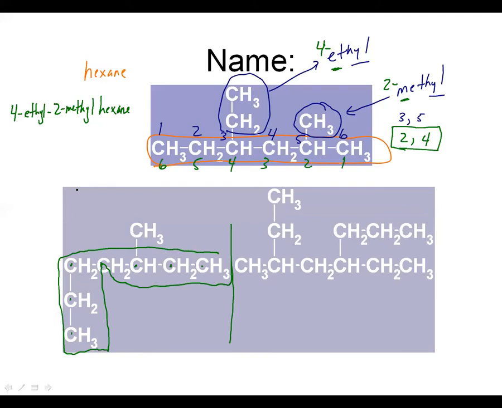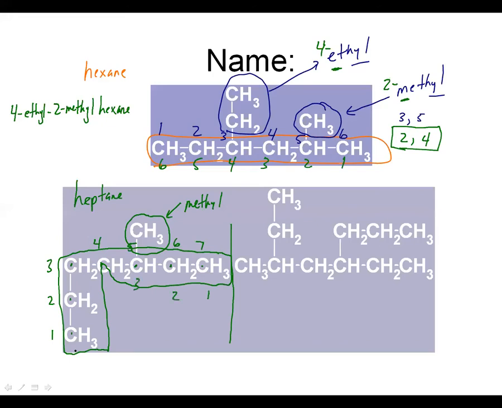And here we see we have just 1 group attached, and that would be our methyl group. So what is left is to figure out which way gives our methyl group the smaller number. If we go this way, that's 1, 2, 3, 4, and carbon number 5. And if we go right to left, 1, 2, 3, 4, 5, 6, and 7.